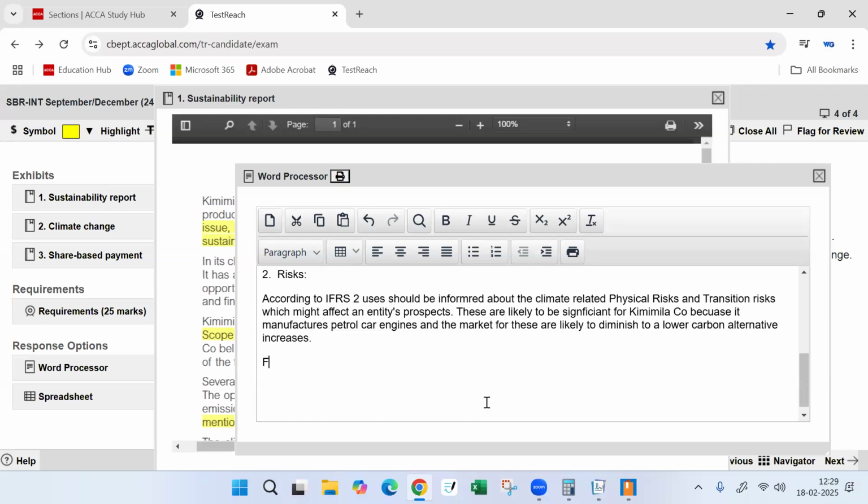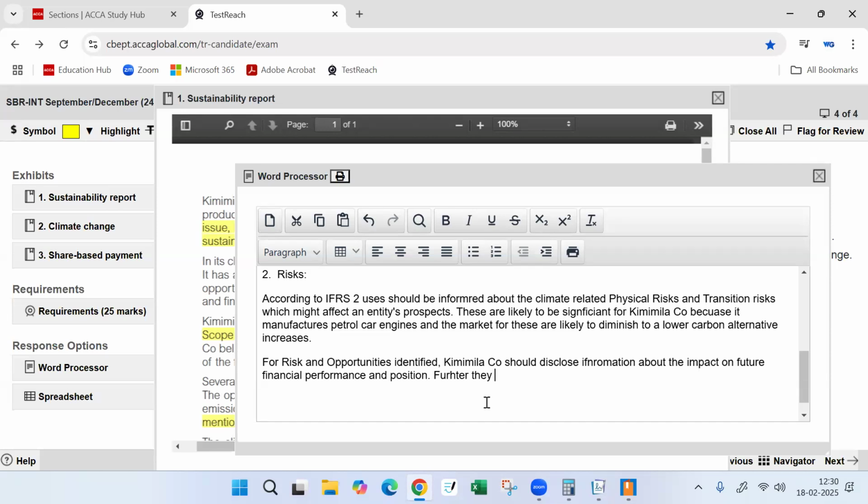Right? And further, for all risks and opportunities identified, as per sustainability reporting, what we are supposed to do is mention the impact on future financial performance, position, etc. Kimi Mila company should disclose information about the impact on future financial performance and position.